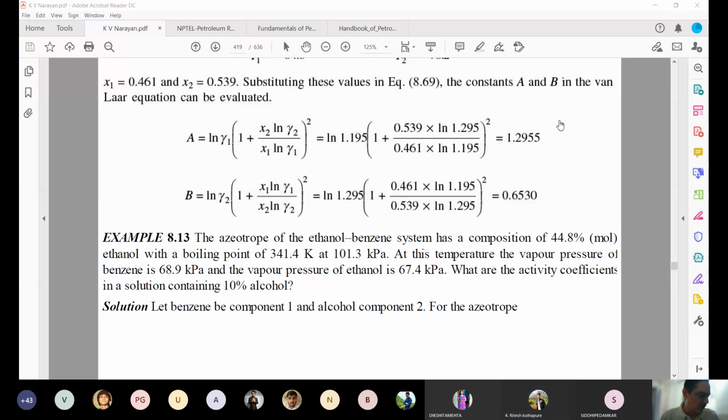Yes sir. Okay, so let's find out A and B for x1 equal to 0.448. P1s and P2s are given, total pressure is given.